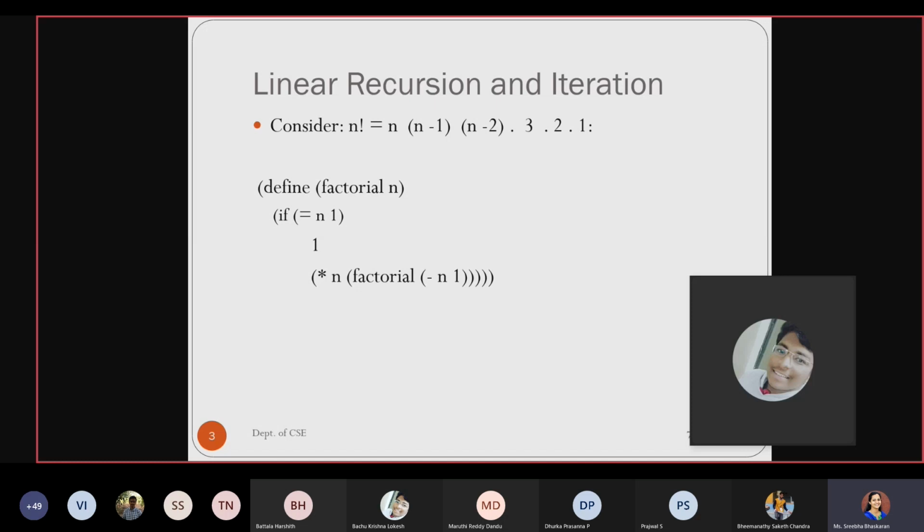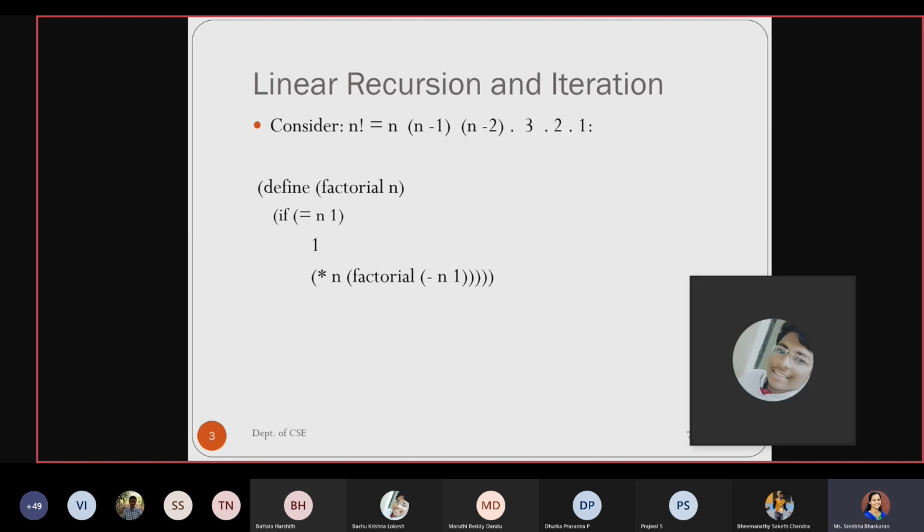Whatever basic syntax is required, you have studied by this time. So how to define a procedure? If you have any conditions, if it is a single if-else pattern, then you can go with if. You mention the condition. Immediately whatever comes will be considered the true expression. After that, whatever comes will be considered the false expression.